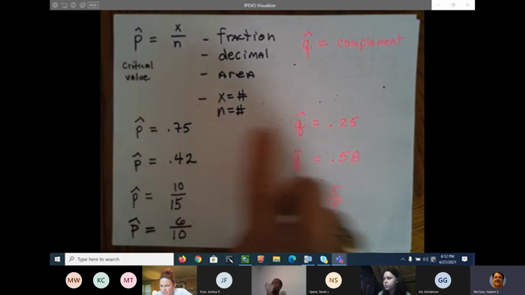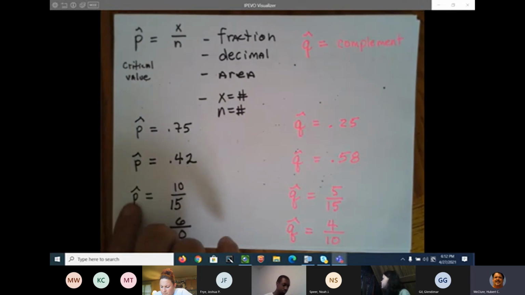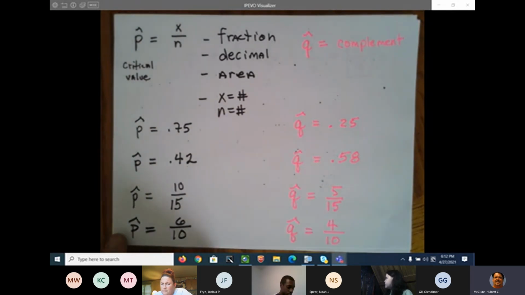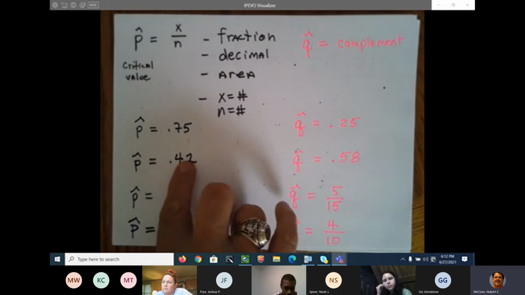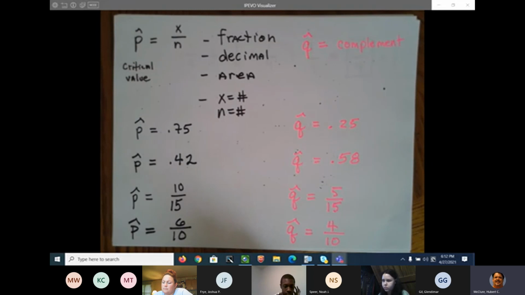P hat, Q hat. Now, the good news is you usually don't have to worry about the fractions because you can change them into a decimal. But there are some questions on standardized tests that will give you a fraction and you need to find the complement.